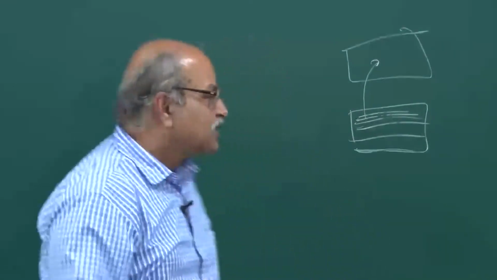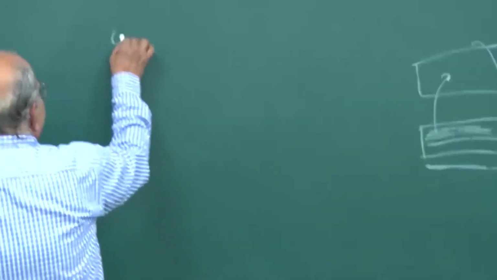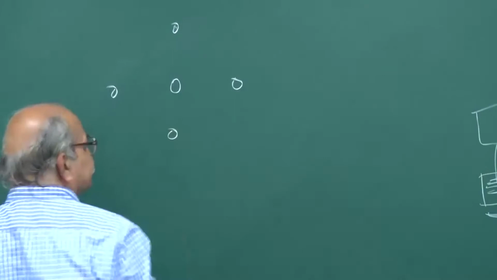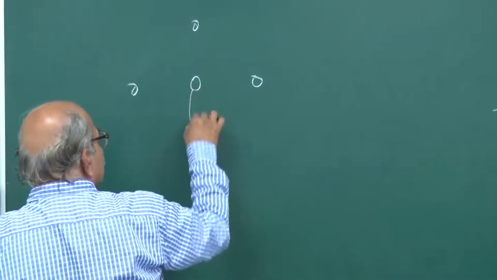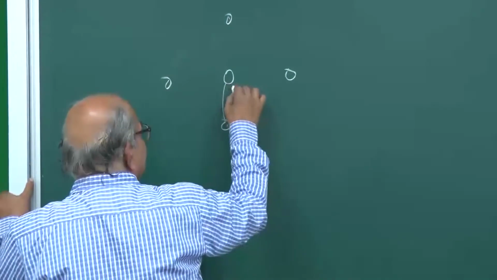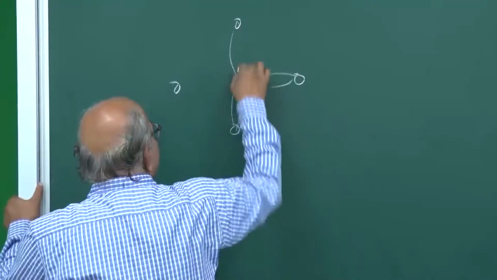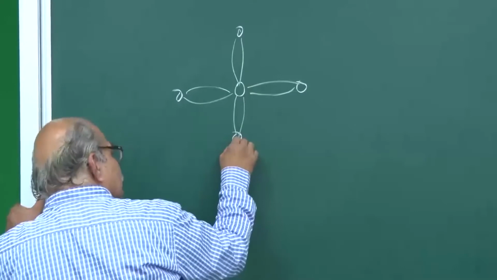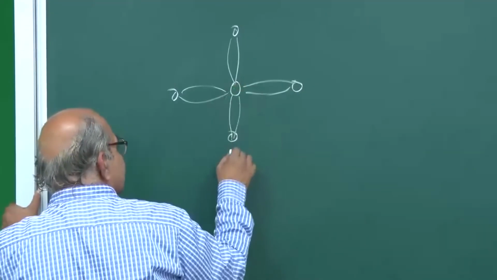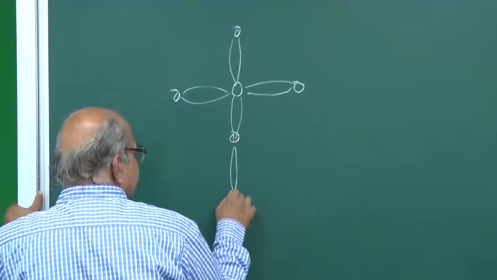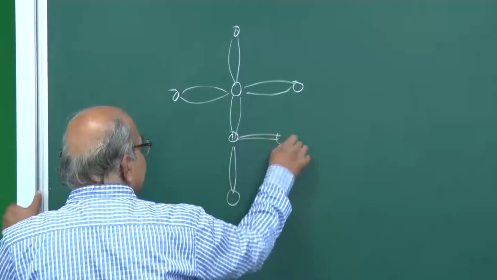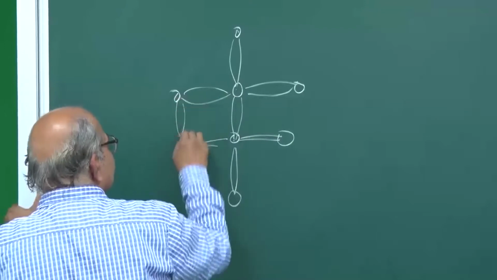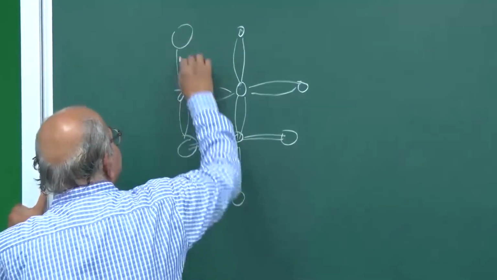So for discussion I can draw a picture like this: 1, 2, 3 and 4. So this is bonded. 2 sp3 electrons are here, 2 sp3 electrons are here, 2 sp3 electrons are here, like that. And then this is also bonded to 4 of them. So one is this and the other is this, and then this, and then this. This is also bonded. So here like this and so on.